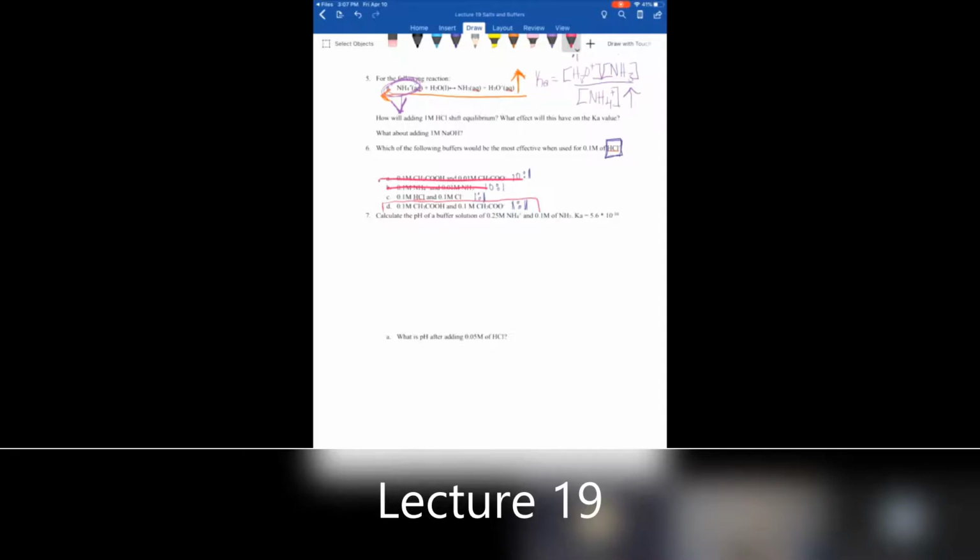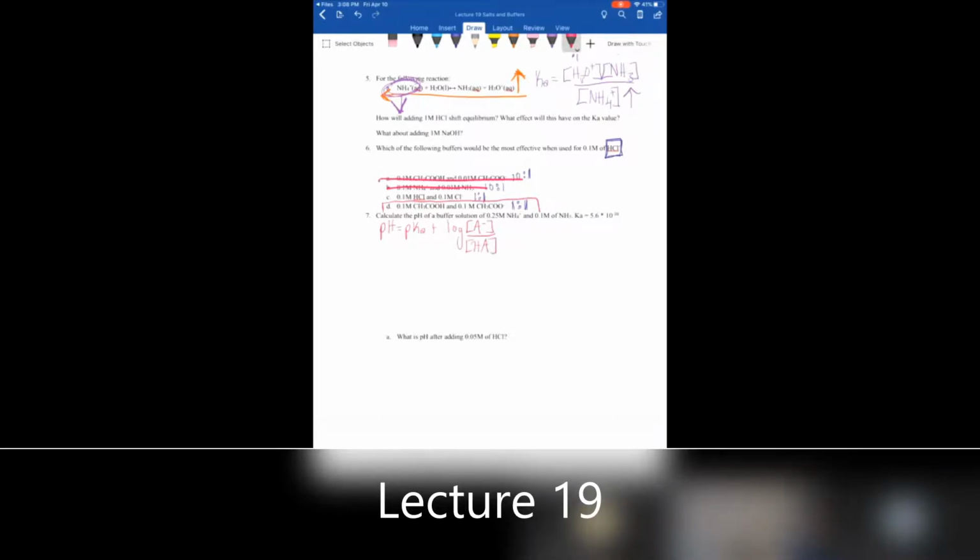Oh, it's the pH equals pK plus log. Is it that? Yep. Okay. Henderson-Hasselbalch. It's your best friend. Okay. pH equals pKa plus log of A minus over HA.